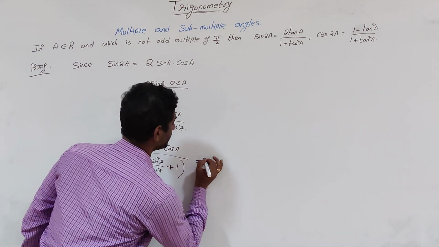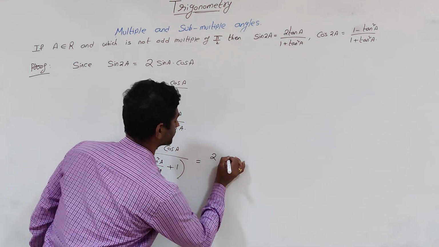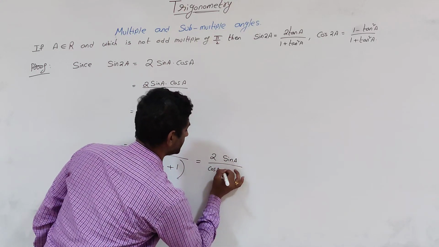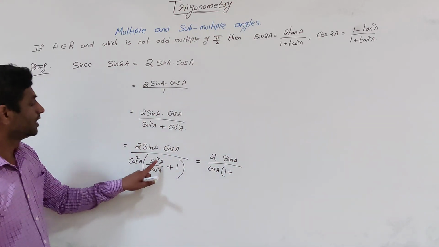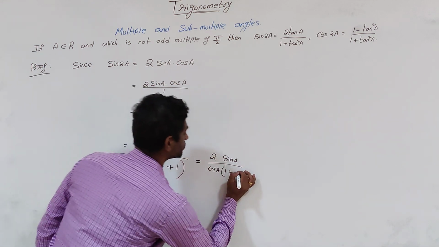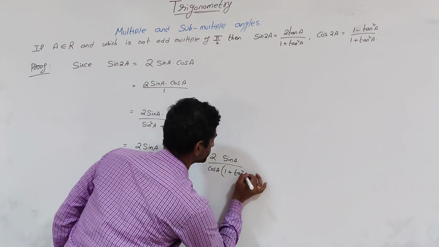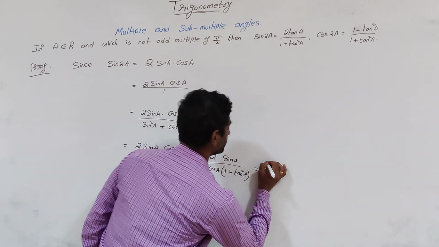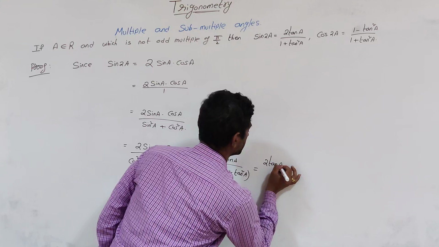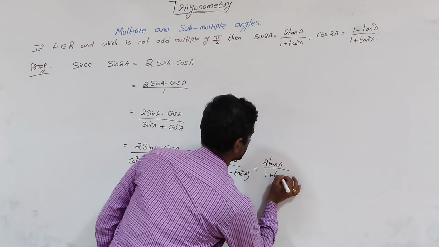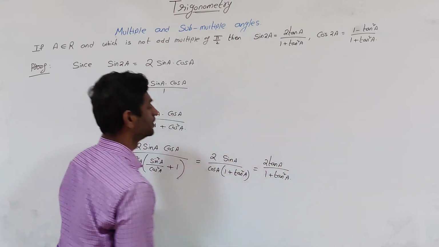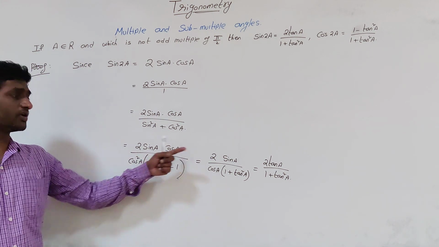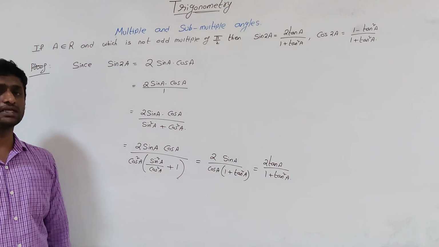So it will be 2 sin A by cos A into 1 plus sin square A by cos square A, which gives tan square A. That is, sin A by cos A will be tan A. So it will be 2 tan A by 1 plus tan square A. So that is the formula in terms of tan: sin 2A in terms of tan is 2 tan A by 1 plus tan square A.